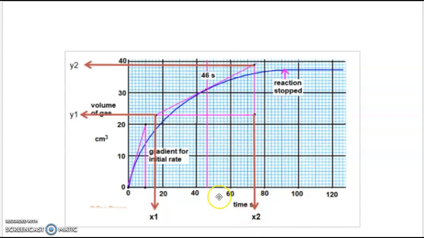In the case of our y-axis, based upon the scale here, each line represents 1 cubic centimeter. And so our y1 value would fall at, this being 20, it's 21, 22, so it would be at 23. And our y2 value would be at 39.